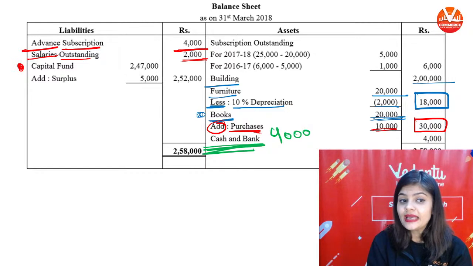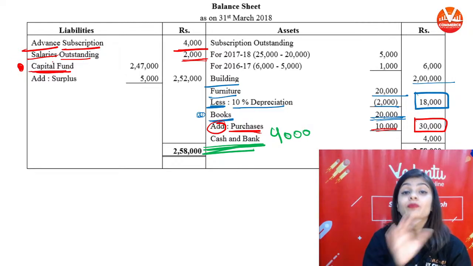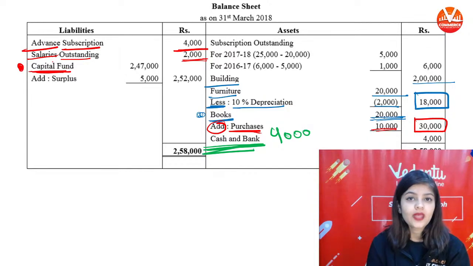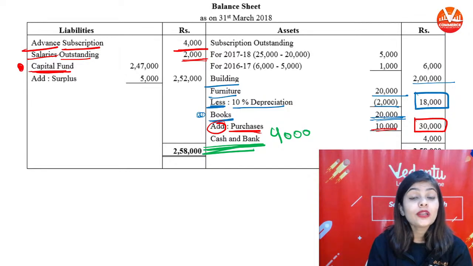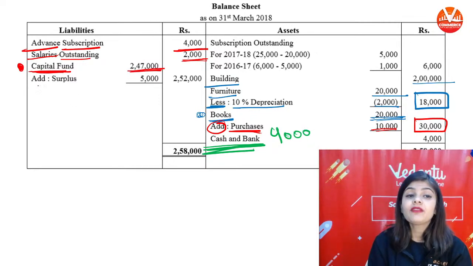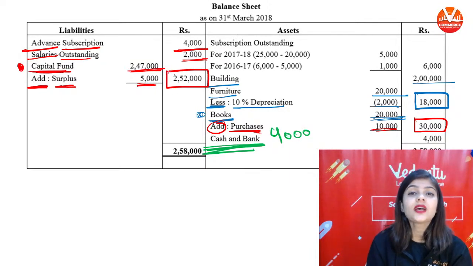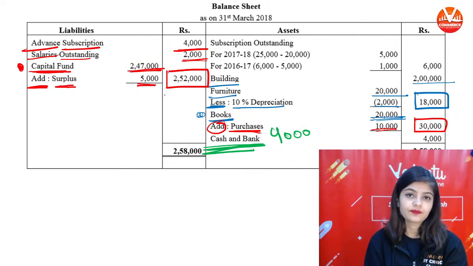The main thing, capital fund, that we have calculated from the opening balance sheet, 2,47,000. In this capital fund, you will add the surplus of the income and expenditure account, 5,000. Now the capital fund is 2,52,000.